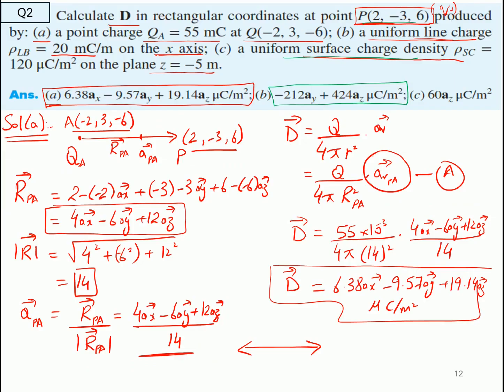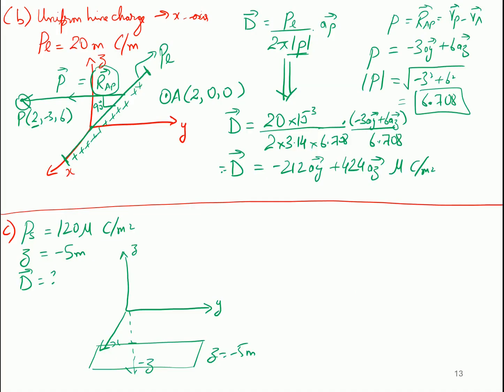Again, my point is at 2, minus 3 and 6. So it is again somewhere over here. This is point P, 2, minus 3 and 6. And this is the sheet of charges at the z equals minus 5 plane. So I need to find the electric flux density for the sheet charge distribution or surface charge distribution.